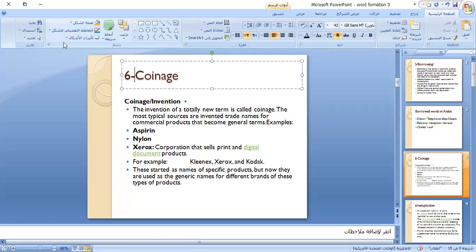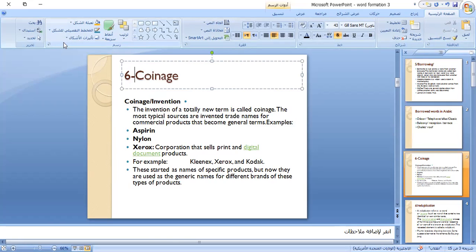So they choose any name which they think is suitable for it, or attracts people to buy it. First they invent the word for this certain product, but after that, other companies and other people use the same word for products which belong to the same area.